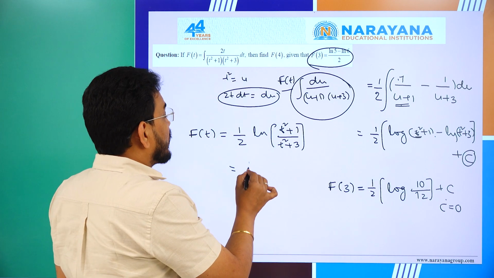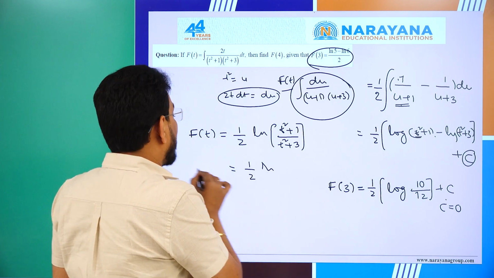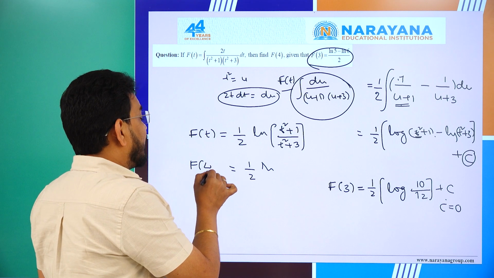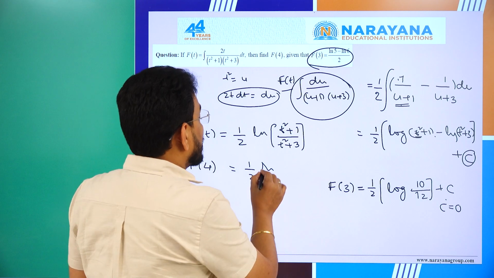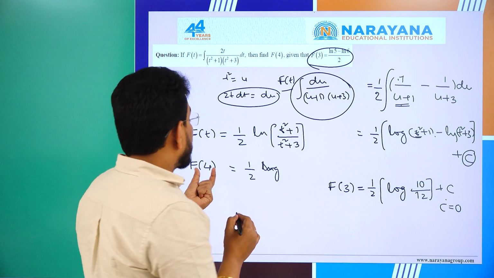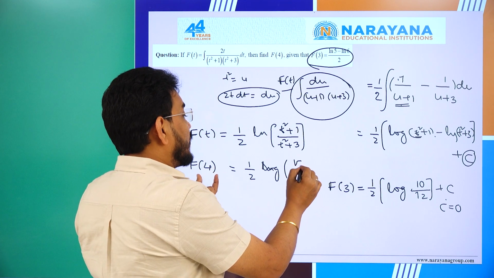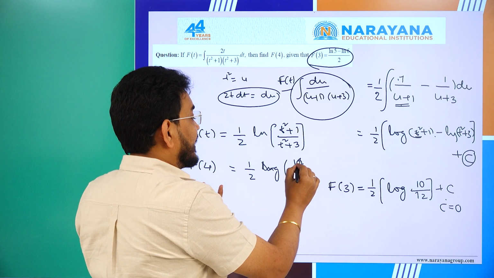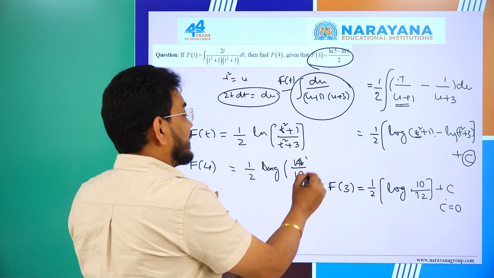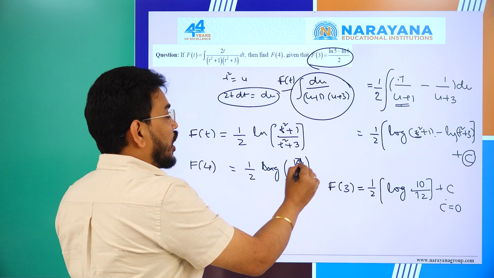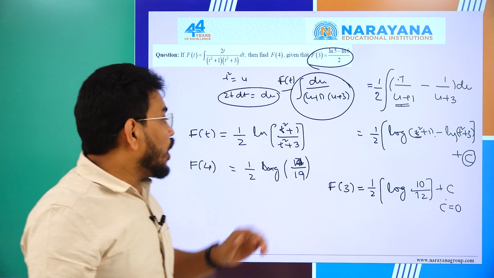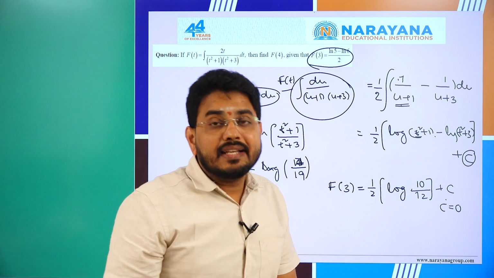So here it is equal to 1 by 2 ln of, what is the value needed? F of 4 needed. So substitute t is equal to 4. This value will be 17 by 19. The value will get half of log of 17 by 19.